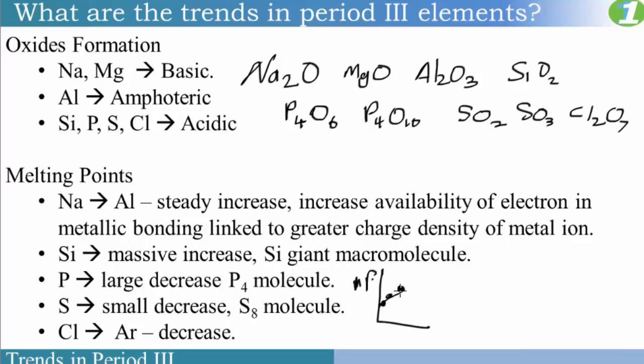But you should observe a very large or sharp increase going from aluminum to silicon, because silicon would form that large macromolecule in terms of silica, which is SiO2. Strong covalent bonds, large melting points. And then when you form simple molecules, the melting point will decrease drastically. And it will continue to decrease because the molecules are becoming smaller. So this gives you a good idea of the trend in melting point going across period 3.